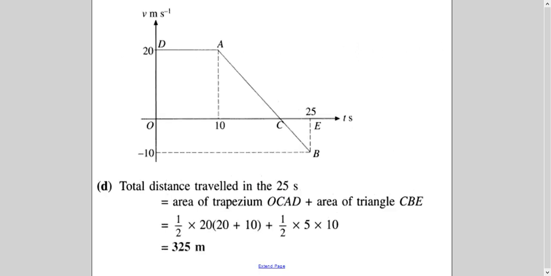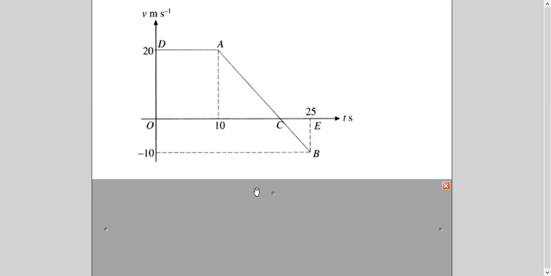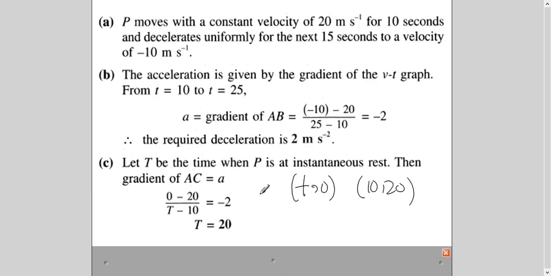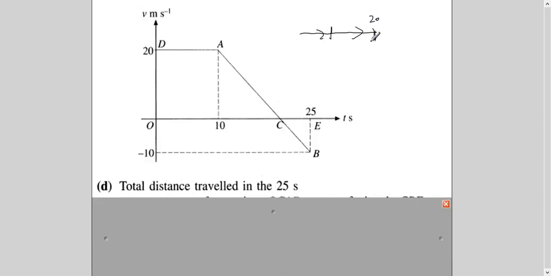Now, next part of the question was saying, this was the diagram, find the total distance traveled in 25 seconds. Like I explained to you, it was going here with constant speed, then it was slowing down. So after a certain time, which we have calculated as 20 seconds, it took a turn, right?